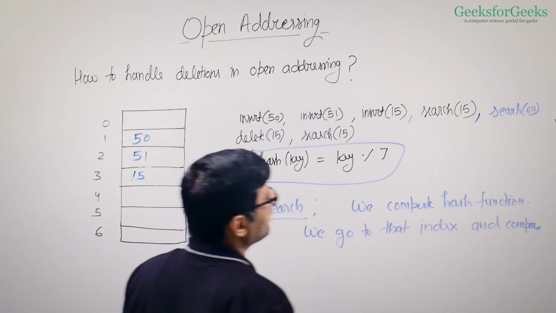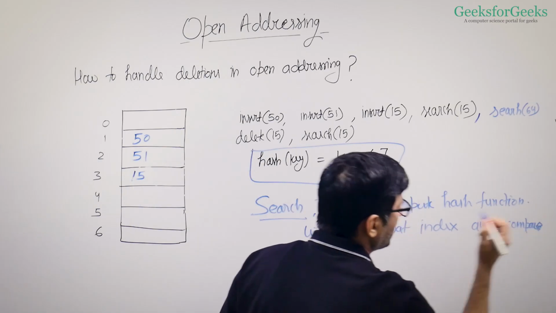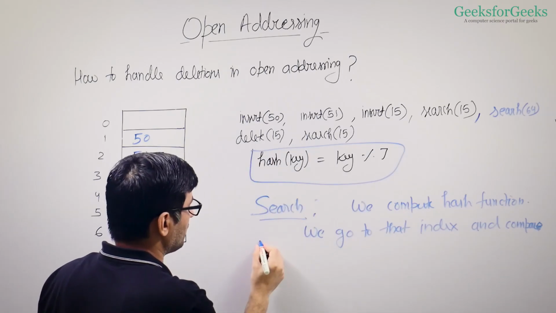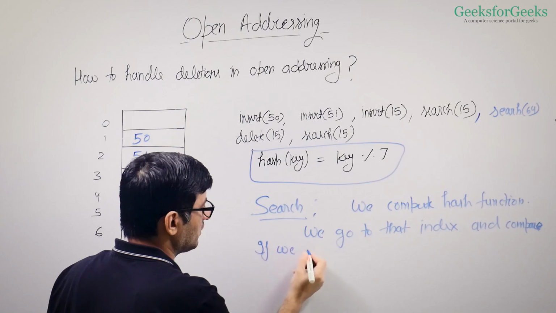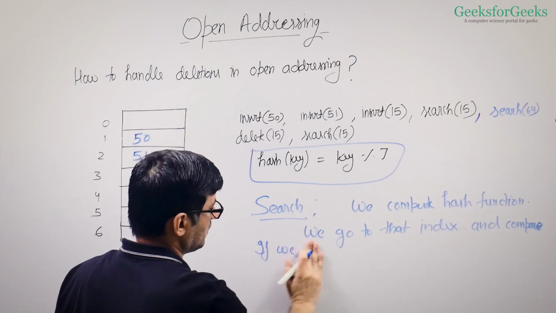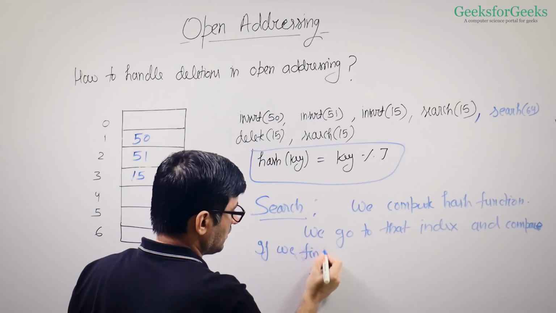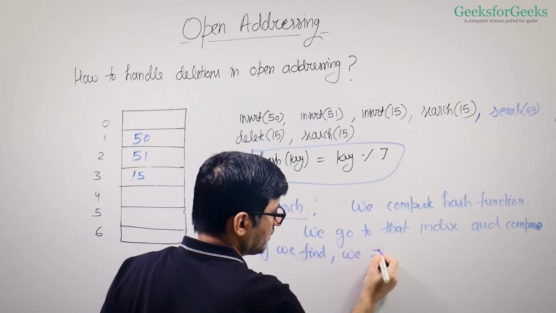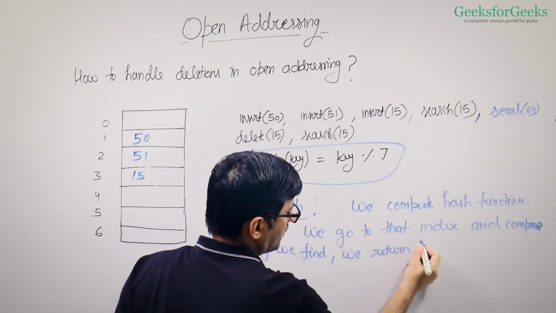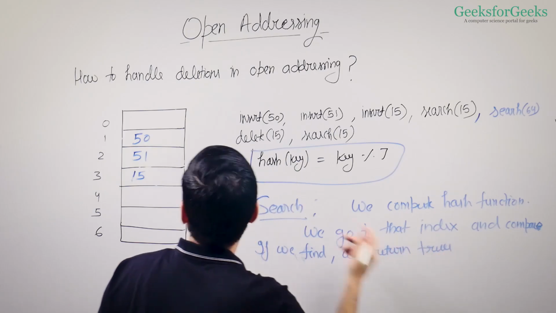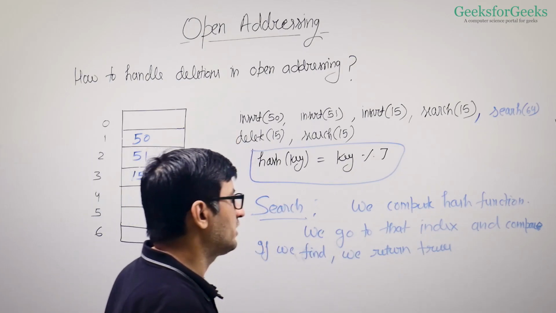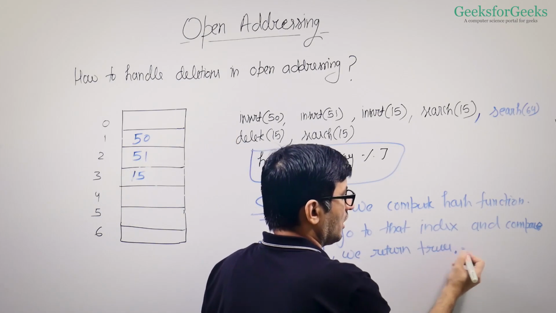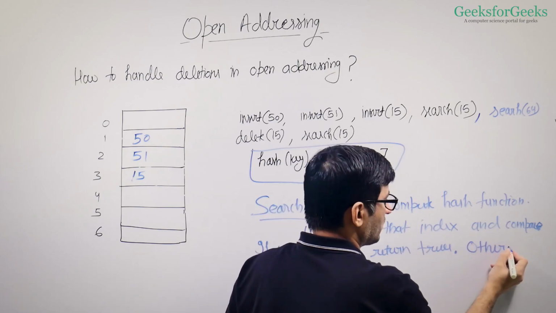If we find the key, then we are done. We return true, or probably if it's a key value pair, then we return the corresponding value, right? Otherwise, we linearly search.